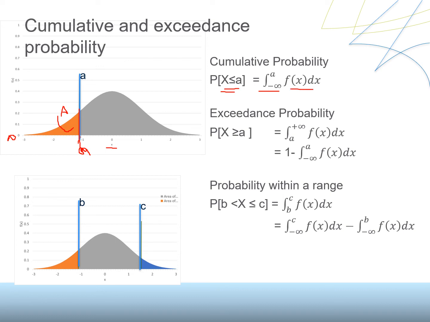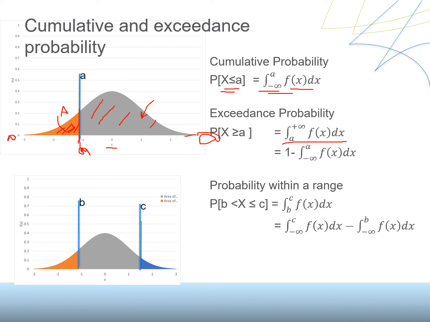And what is the exceedance probability? Exceedance probability is the opposite of the cumulative probability, right? So the total probability has to be 1. That means the exceedance probability is again the area under this curve, which is from a to plus infinity, f(x) dx, and this area is equal to 1 minus the area on the left-hand side.